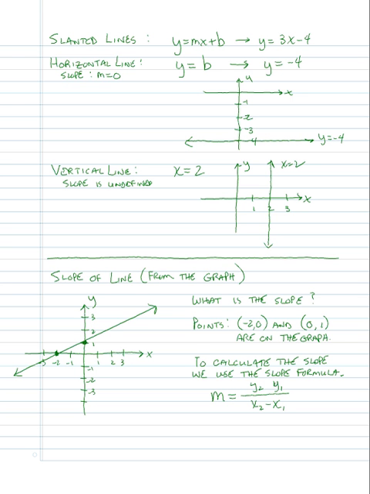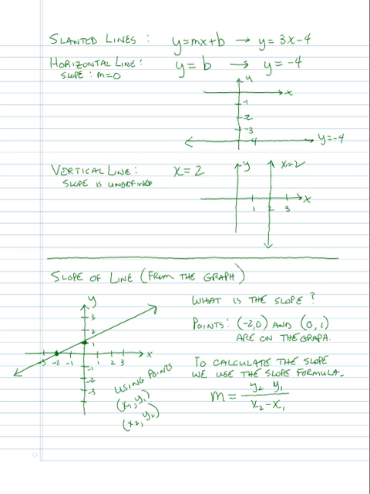What this refers to is that we are using 2 points: one point has an x value of x subscript 1 and a y value of y subscript 1, and another point is (x subscript 2, y subscript 2).